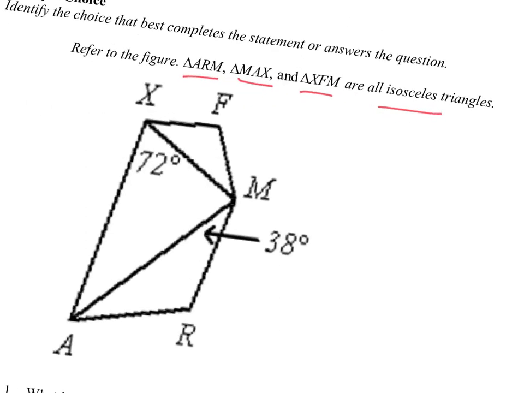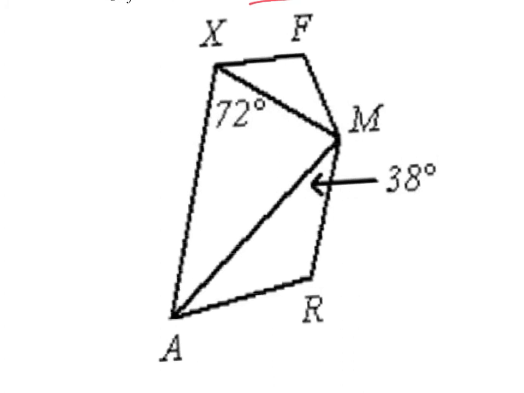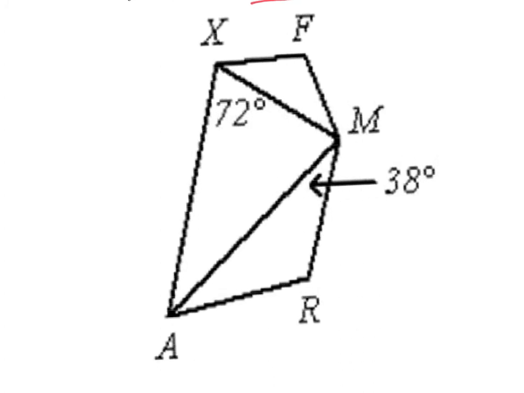So looking at this diagram, we've got three triangles, and this triangle is isosceles, and if the triangle is isosceles, then the base angles are also congruent to each other. Now, if those are congruent, we're going to look at the other triangles.